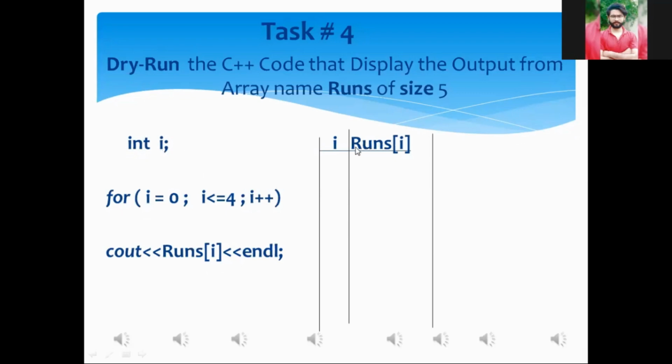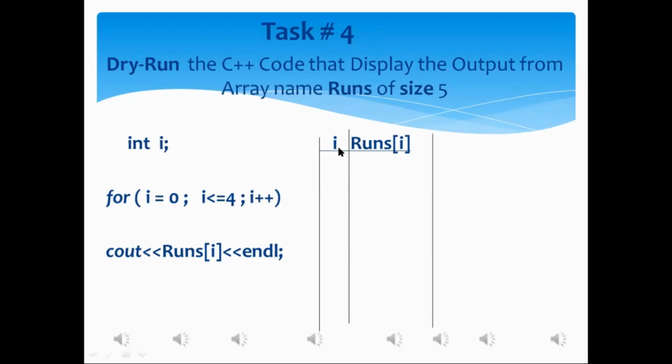In the I column we are going to keep track of all the values of the loop variable I in each iteration of the for loop. Okay, are you getting it, Mr. Aftab? Yes, sir, I'm getting it, sir.